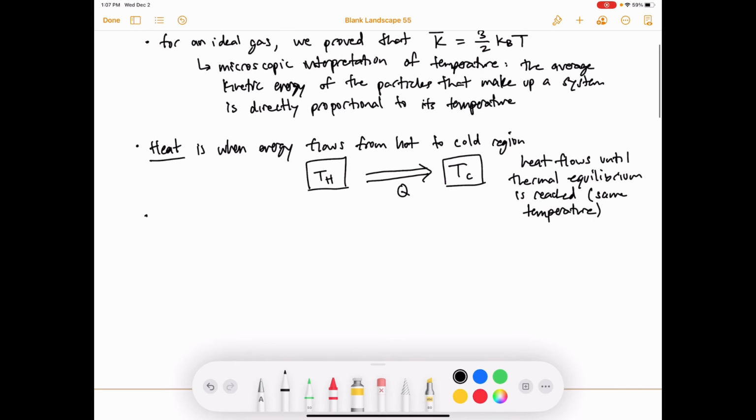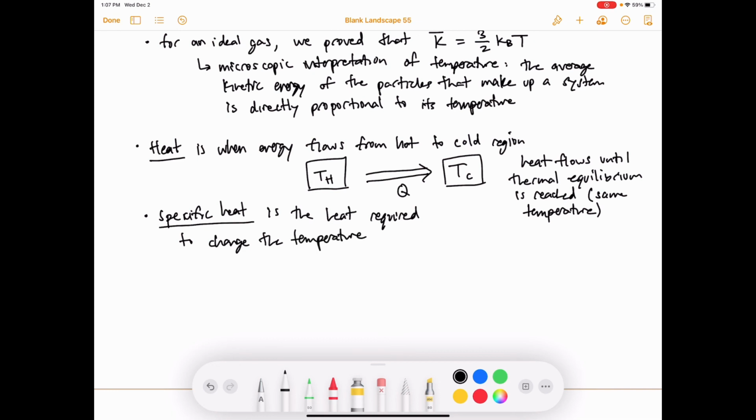So when we talk about the specific heat of a particular substance, specific heat is the heat required to change the temperature of 1 kilogram of a substance by 1 degree Celsius or 1 Kelvin.